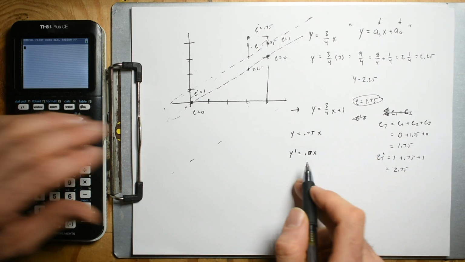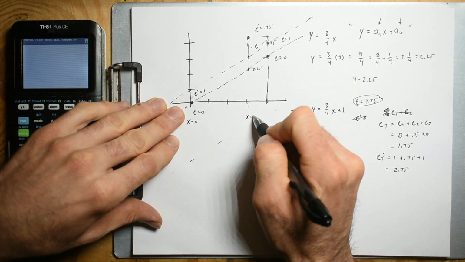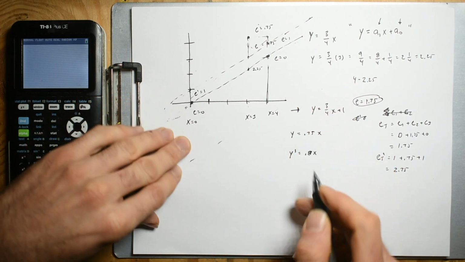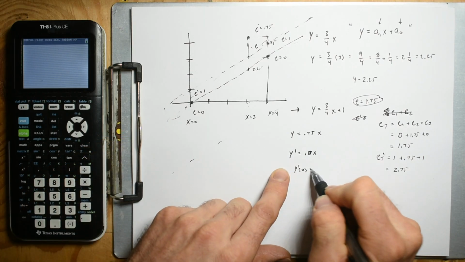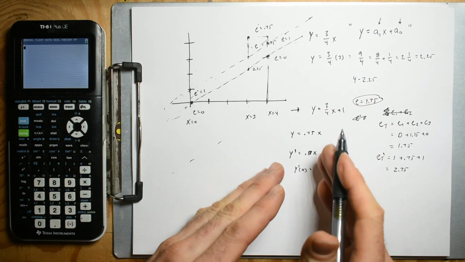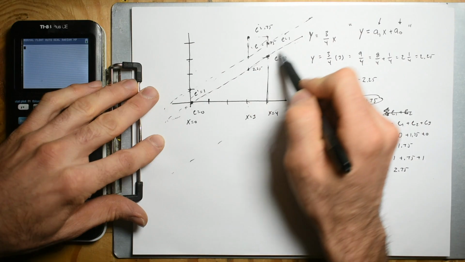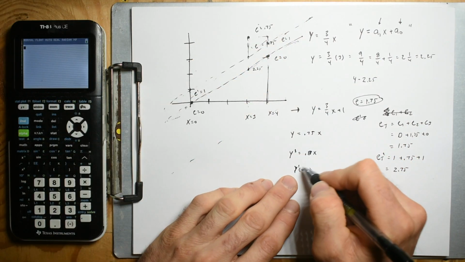And I just want to know if the error increases. So my x values are x equals 0, x equals 3, and x equals 4. If I throw in 0 here, I get y prime of 0. And the prime is not a derivative, I'm just saying, hey, this was the first guess, and this is going to be a new guess that hopefully is better for a new equation.